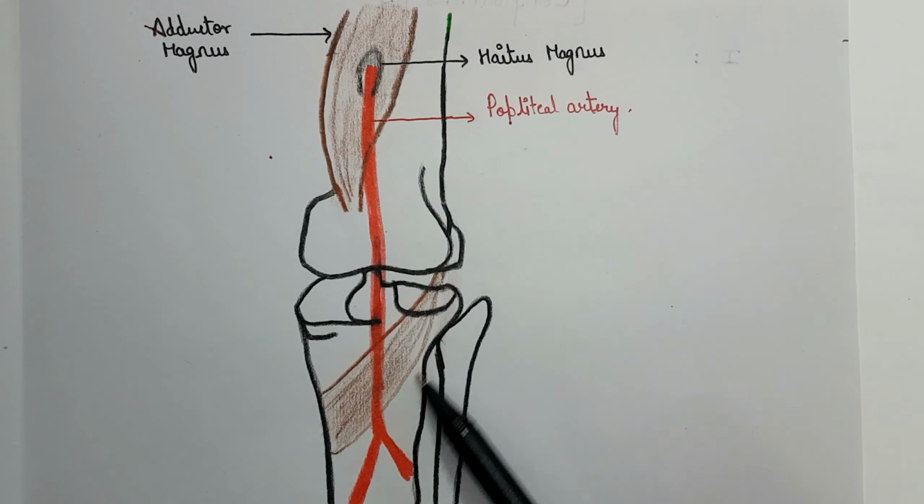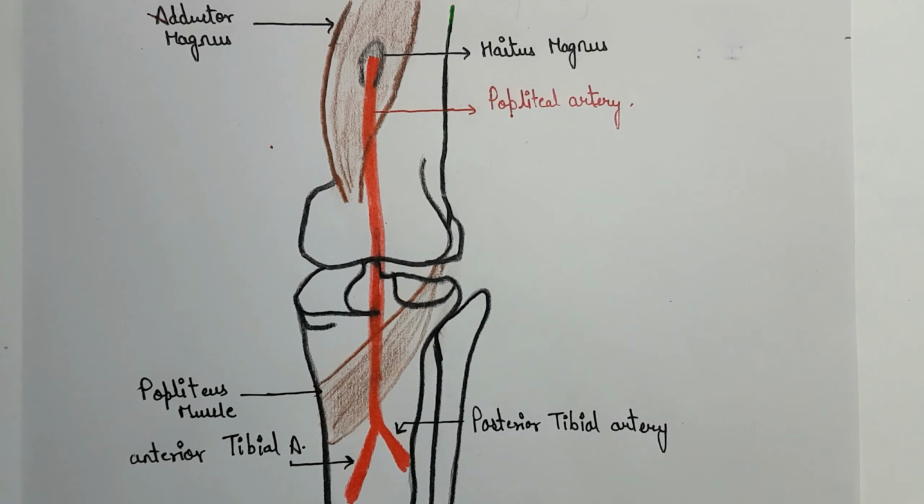This is the popliteus muscle, after which the popliteal artery terminates into the anterior and the posterior tibial arteries respectively, which are the terminal branches of the popliteal artery.